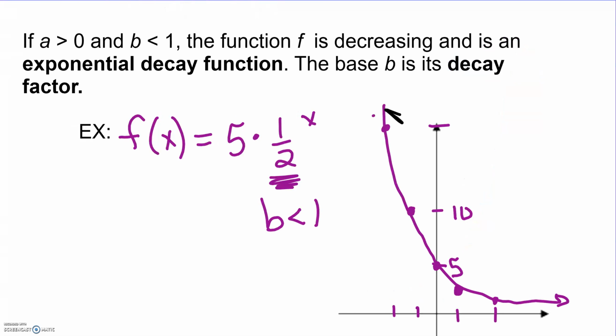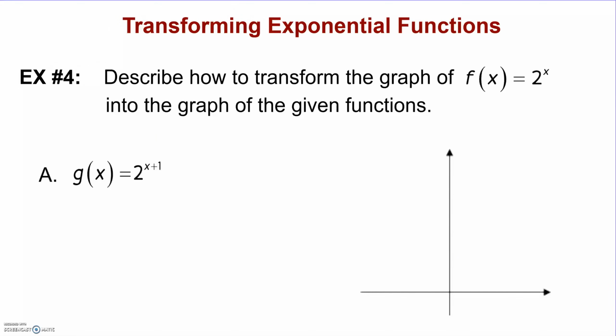Now, just like we did for all the functions that we have studied, we need to be very familiar with how to transform the graphs. So let's look at that here on this slide. In all of these, we're describing how to transform the graph of f of x equals 2 to the x into the graphs of the given functions. So first, let's just draw y equals 2 to the x.